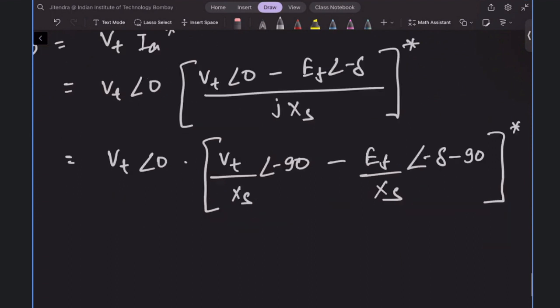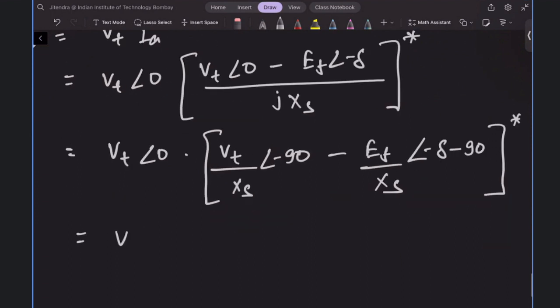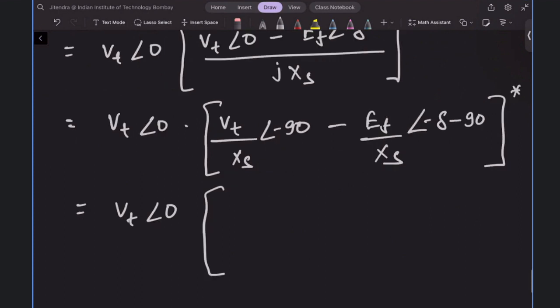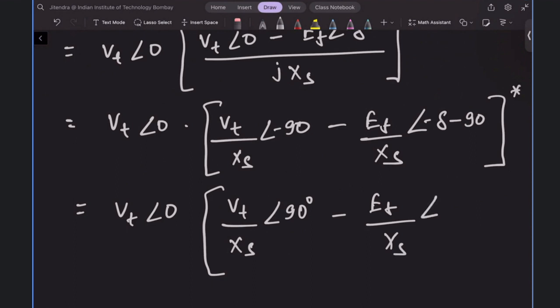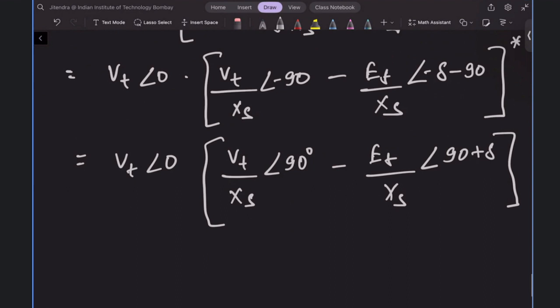And now we will take the conjugate of both the terms. VT angle 0, VT by XS angle 90 degree positive, minus EF by XS angle 90 plus delta. I hope till now this is fine, right?